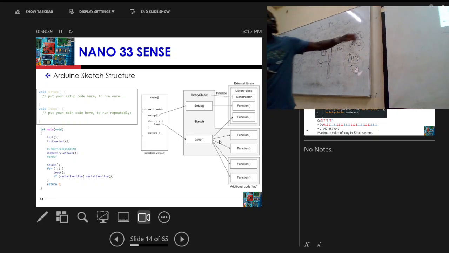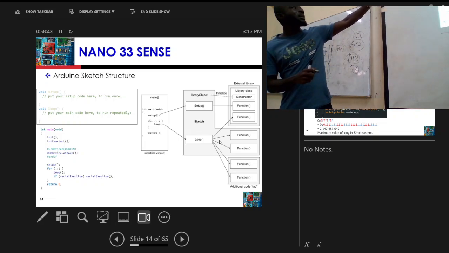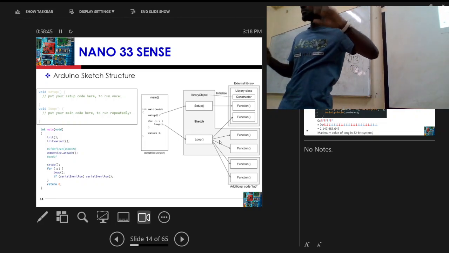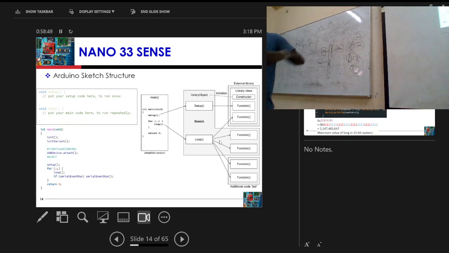Have you seen it on top? Put your setup code here to run once. The setup function runs just once. The name should even say something about it. You only set up once. You don't set up and set up again, right?